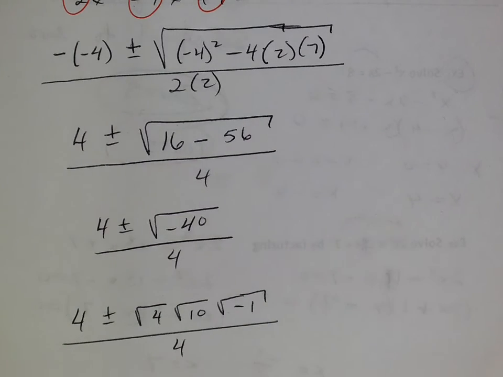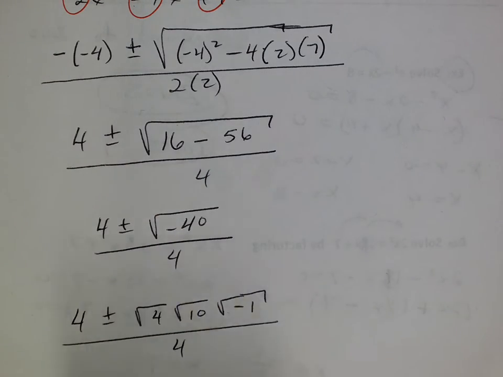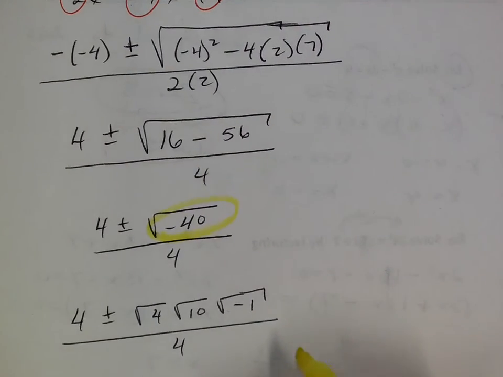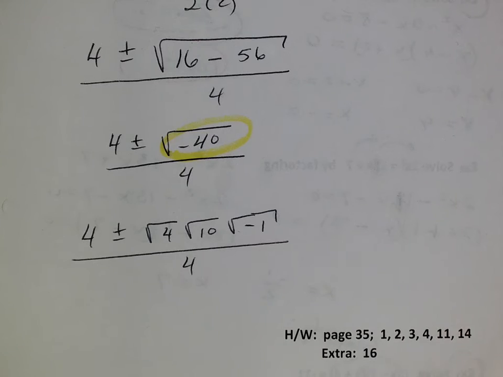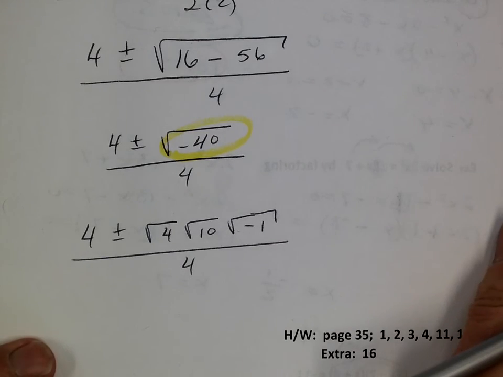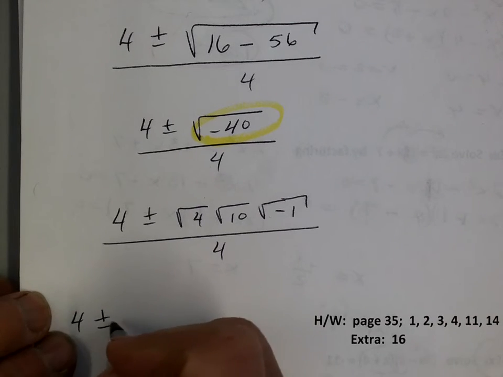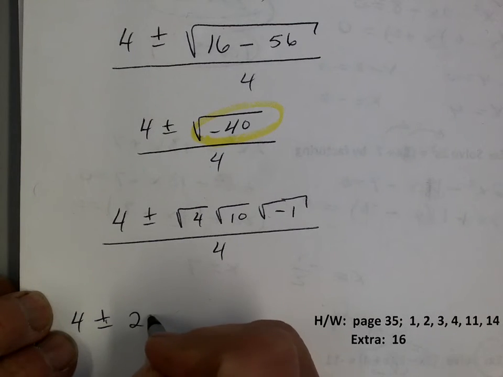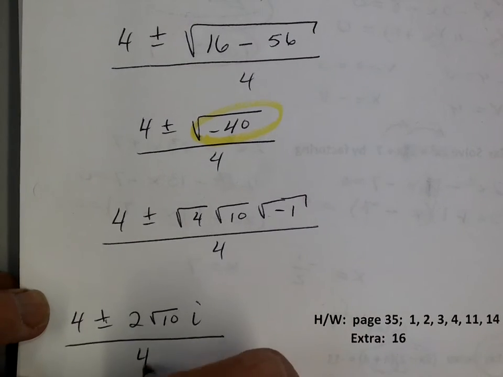Now I did that on purpose because I want to break down and reduce the negative 40. So I can get my i here, and I'll get a 2 here, right? So let's see. I'm running out of room. I just keep working down. So I'm going to have a 4 plus or minus 2 square root of 10 i over 4.